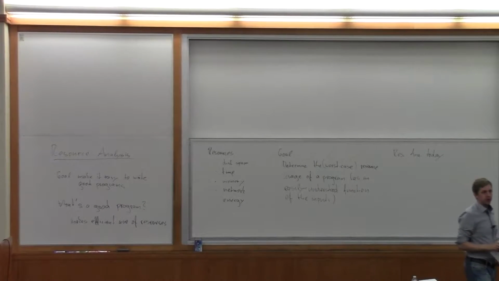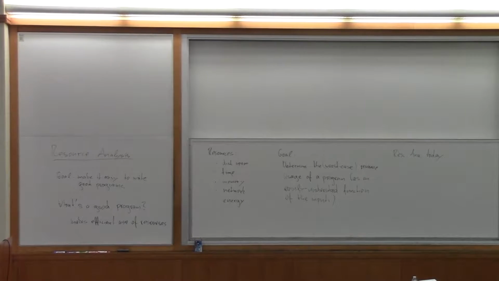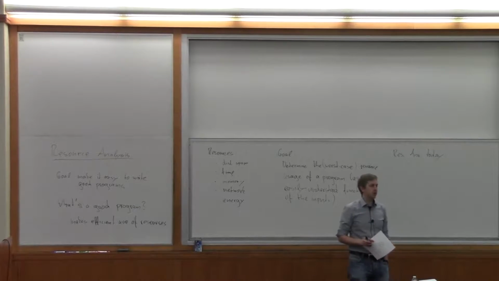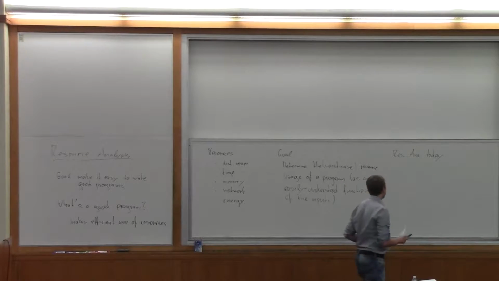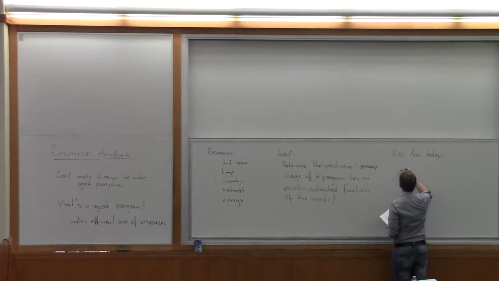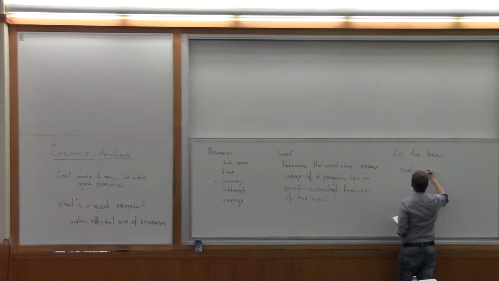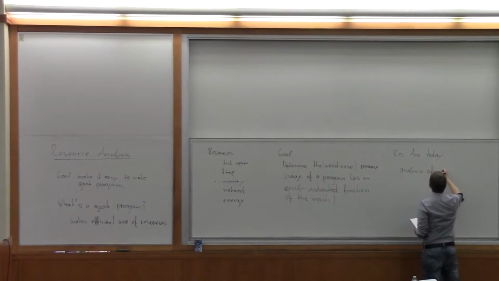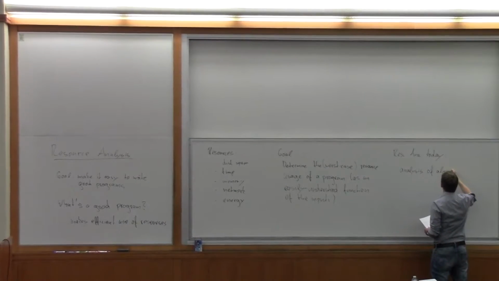How do people analyze their programs? By hand. Yes, by hand. And so when they do that by hand, they often don't even analyze the programs, right? So it's more like analysis of algorithms.